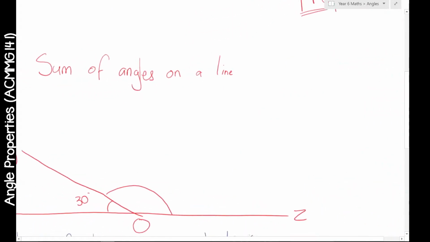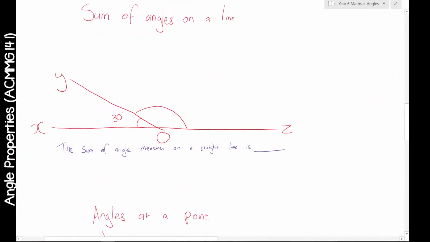If we have a straight line, we call this line right here X and Z because of the labels on the side. So we say line XZ is straight. If you're on a straight line, we actually can work out what this angle is.